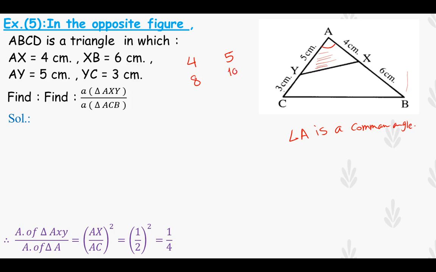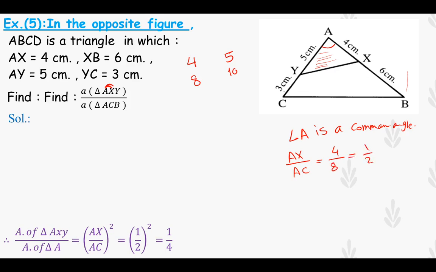Okay, so we will write AX. Here you can solve it by using the problem itself. AX over AC. AX is 4 centimeter over AC, which is 8 centimeter, so the ratio will be half.